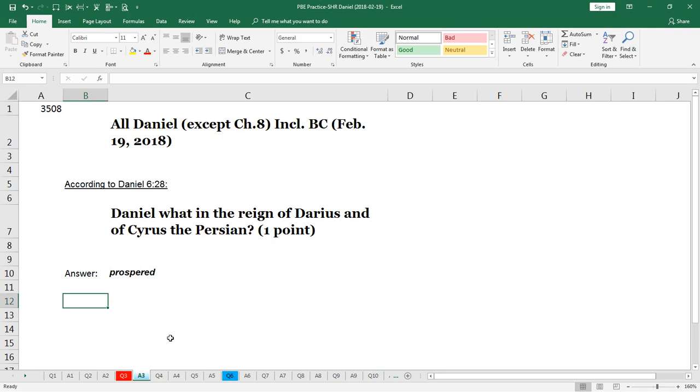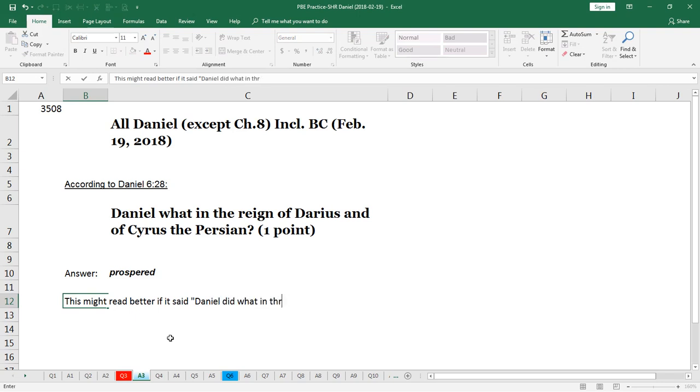And in this case, I put my notation here on the answer sheet because that's the one that I've got blue, so I can go right to the blue ones and I can see right here, this might read better if it said Daniel did what in the reign.